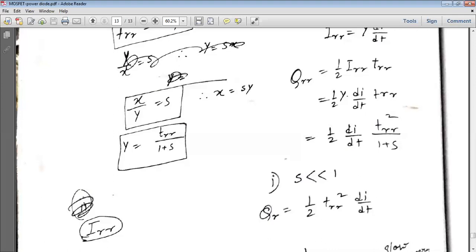So if the softness factor is higher, then the device will be slower, and if the softness factor is lower, then the recovery time will be faster.